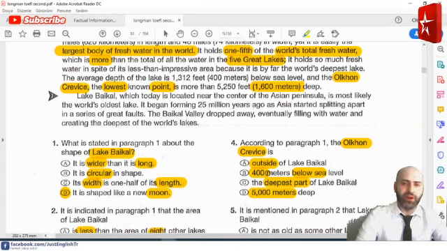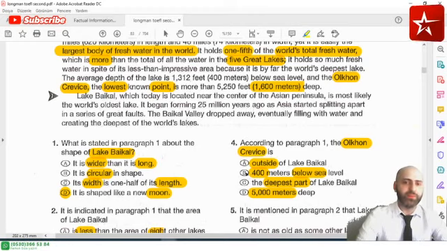Then I see 400 meters. I see 400 meters again. And I see the average depth. So it does not say Olkhon crevice is 400 meters because Olkhon crevice is 1,600 meters deep. Which one do you think is the correct answer?